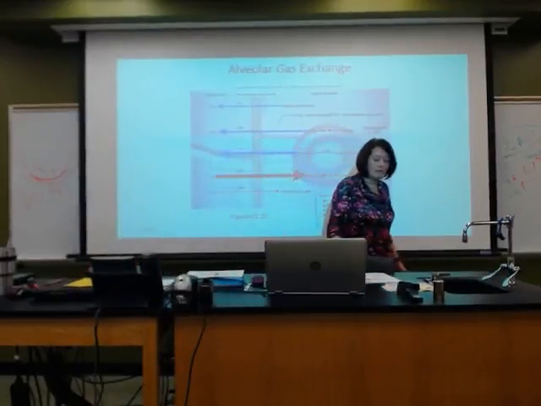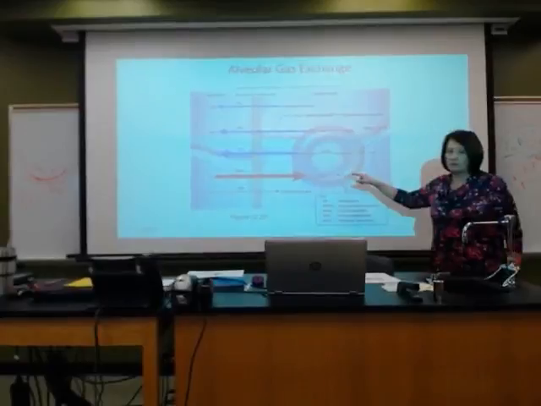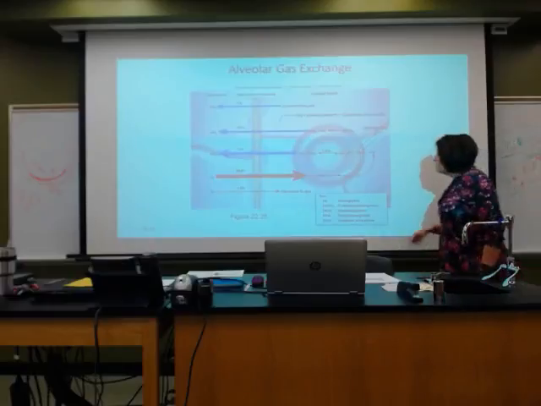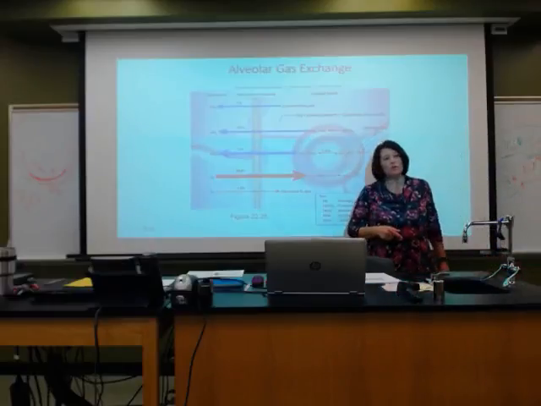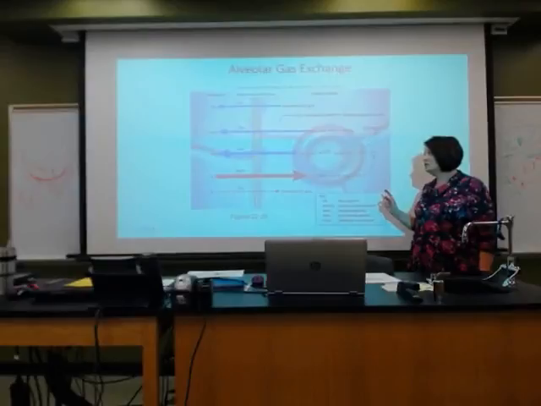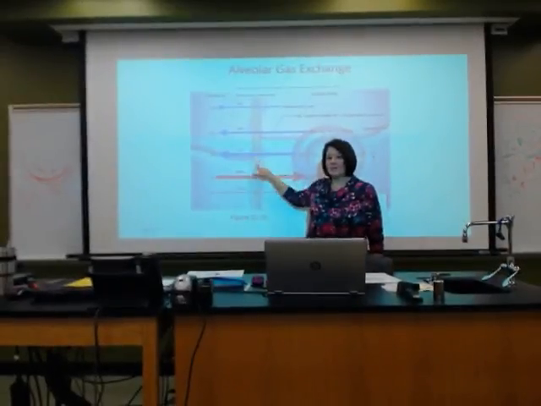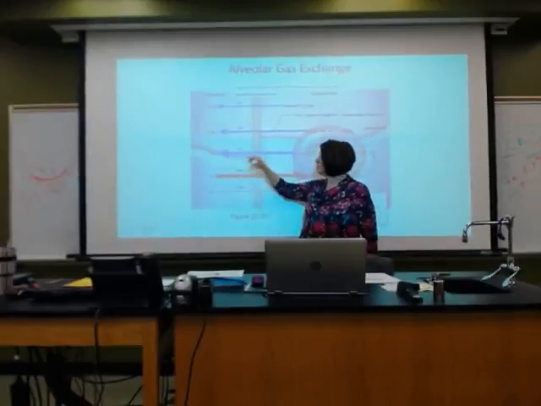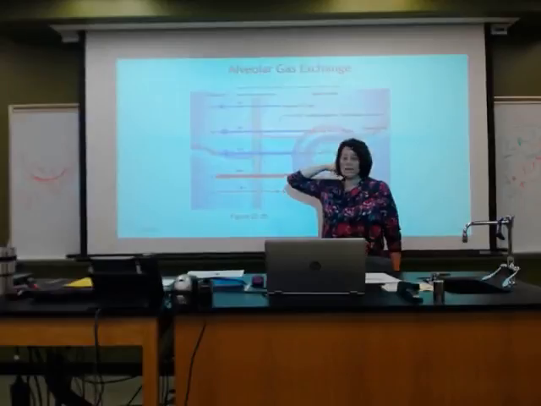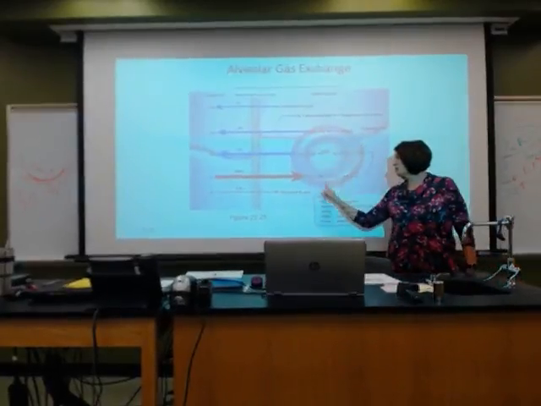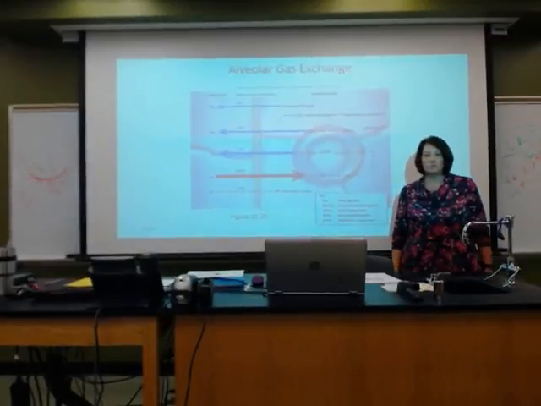Now, once we get back to the lungs, and we're at the level of the alveoli, at that point, we need CO2 to be released, dissolve in this water membrane, and go into the alveoli. We need oxygen to go in the opposite direction to the red blood cell.